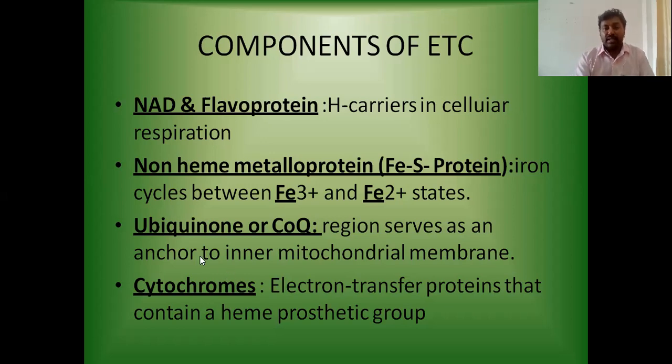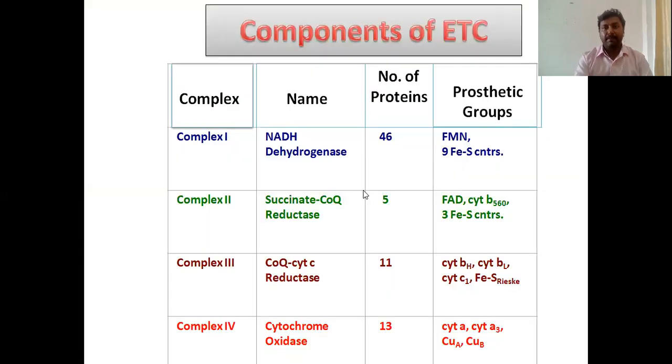One more carrier is coenzyme Q, where Q denotes ubiquinone, which serves as an anchor to the inner mitochondrial membrane. And cytochromes are electron transport proteins that contain heme. These cytochromes have the heme prosthetic group, but in non-heme proteins it is iron, which changes between Fe3 plus and Fe2 plus.